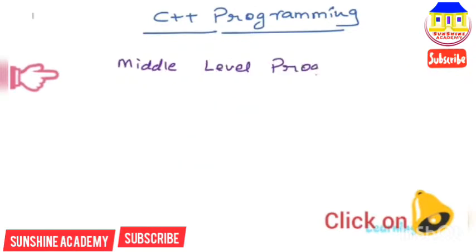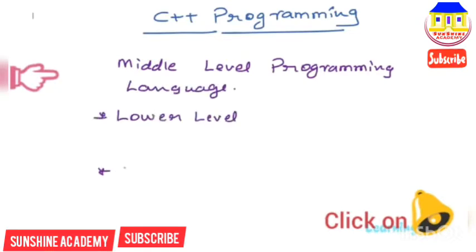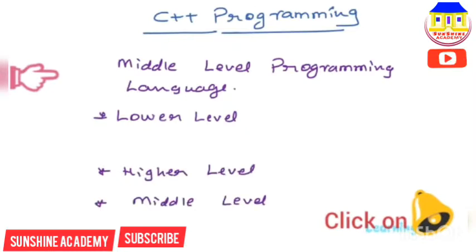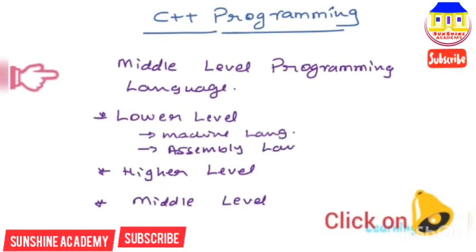Now the next thing is C++ is a middle level language. We have divided programming languages into three categories: lower level languages, high level languages, and middle level languages. Lower level languages allow us to directly interact with the machine. Machine level code and assembly level languages come under this lower level language category.